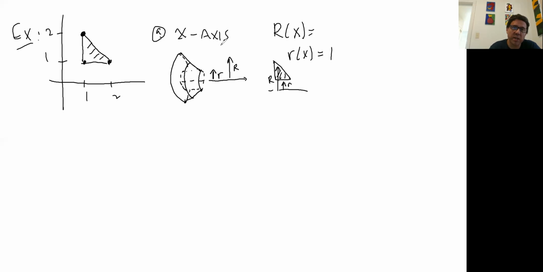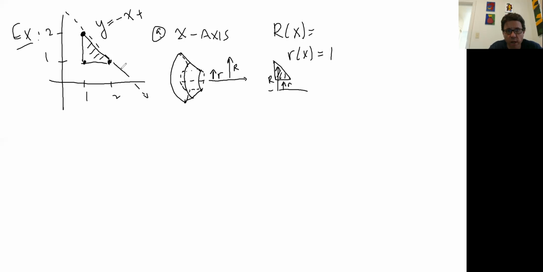So to figure out what this big radius is, I need to know what the equation of this line is. So how do you find an equation of a line? Well, you have to figure out the slope, and the slope is rise over run. So I go down 1 and over 1, so I know that the slope is -1. So I have negative x plus the y-intercept.